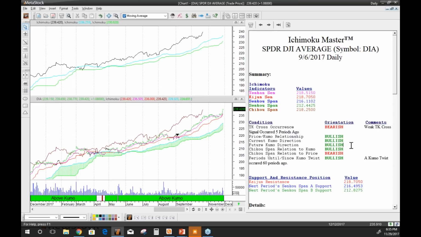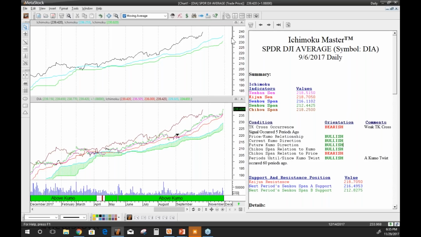Do you mind if I say a few things about the cloud as well? Sure, absolutely. So the Kumo, or the cloud, basically is a level of support and resistance. You can get a good idea for a future direction of the market by looking at the future cloud.